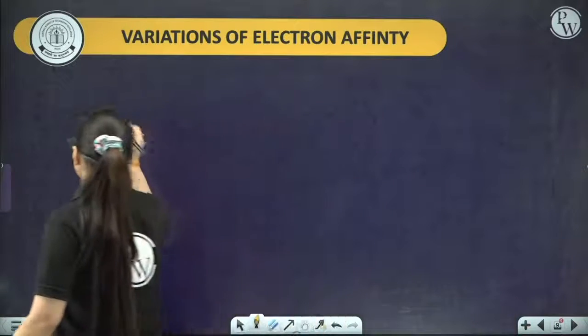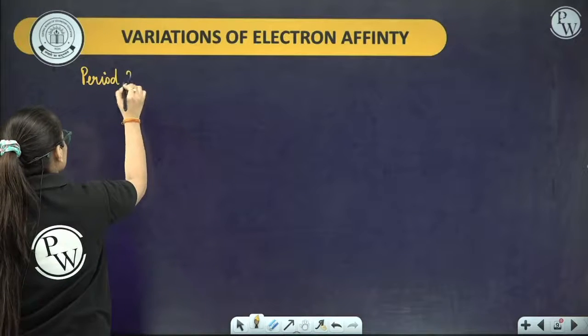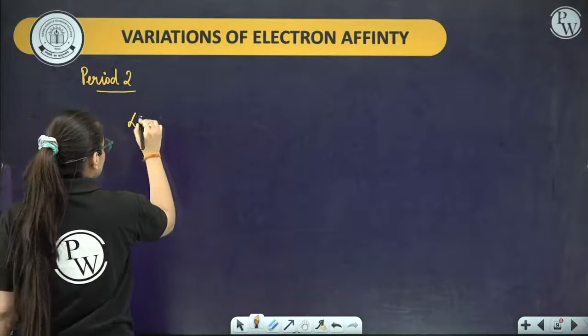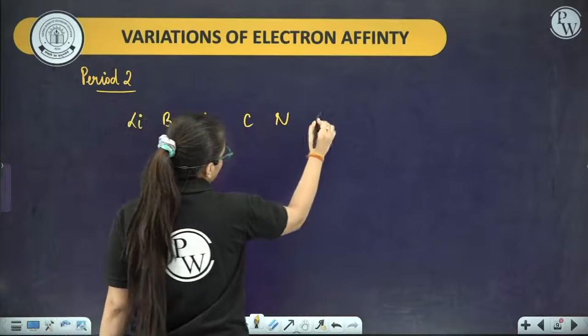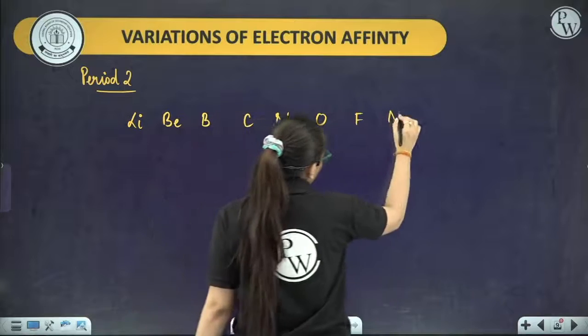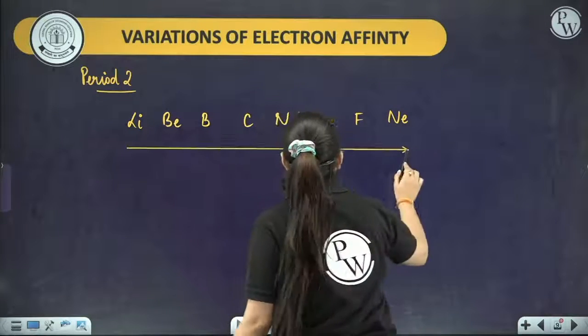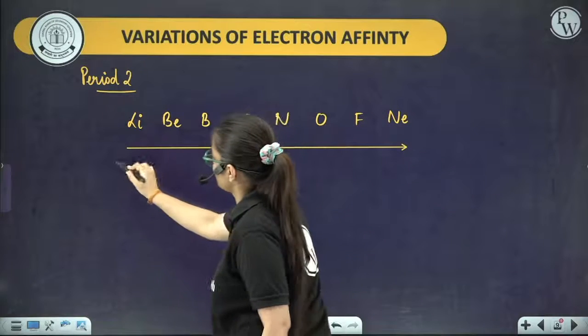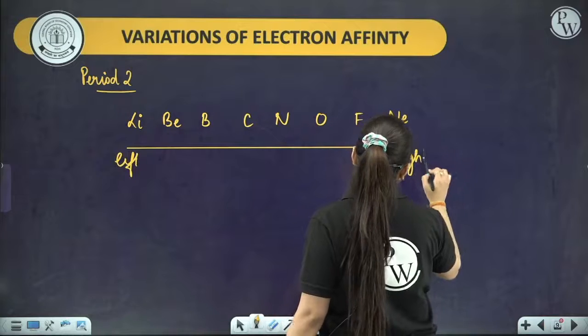Let us start in period number 2. Lithium, beryllium, boron, carbon, nitrogen, oxygen, fluorine and neon. See students, what happens when we move from left to right?